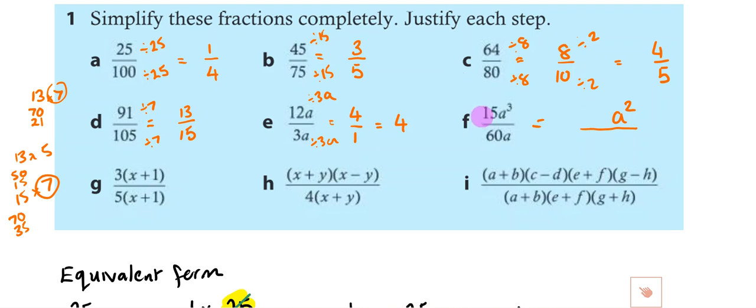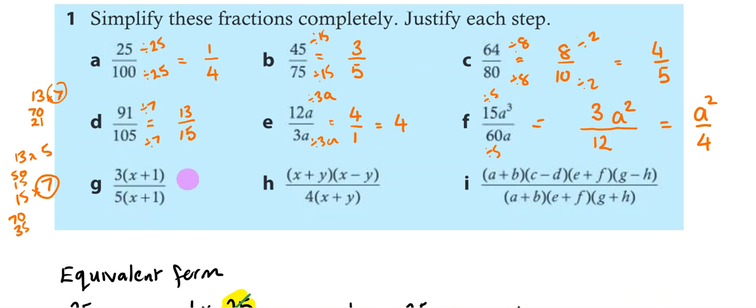And then 15 divided by 60. Divide by 5, okay. So if we divide that by 5, we get 3 and 12. Can I go any further? Yeah, divide that by 3, so it's just a squared over 4.